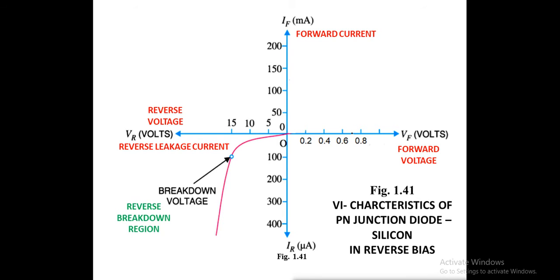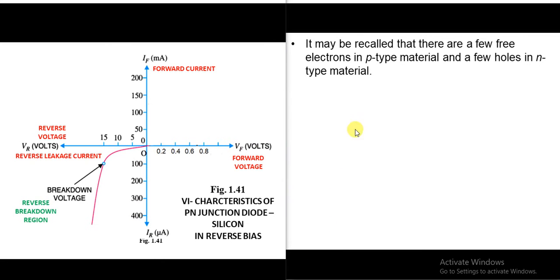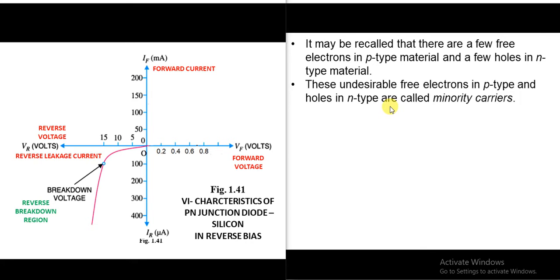The point to be noted is that the reverse leakage current is very, very small, and it is in the order of microamperes. So we may recall that there are a few electrons in the p-type material and a few holes in the n-type material, and these are the minority carriers.